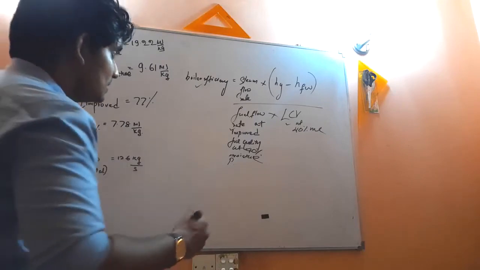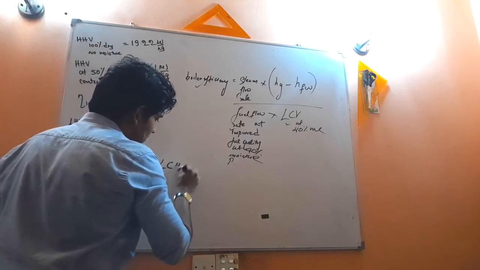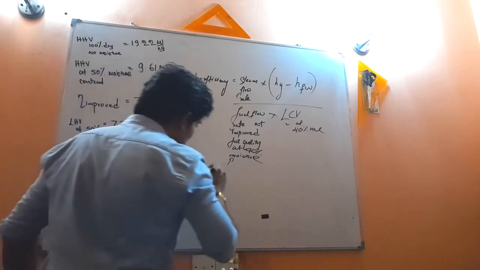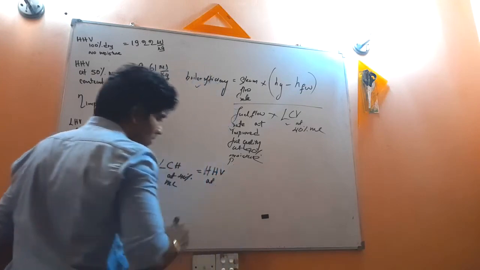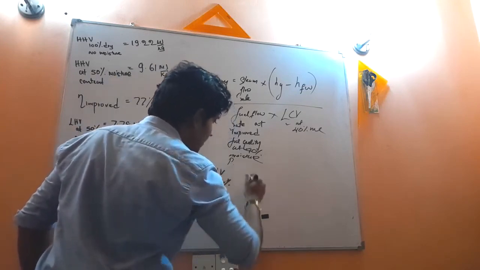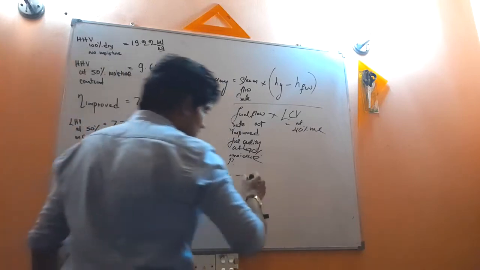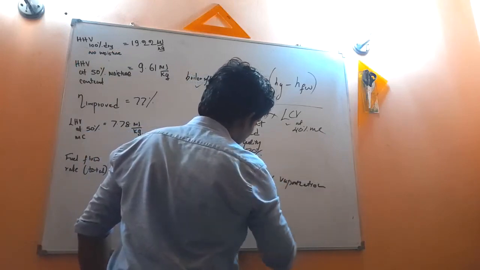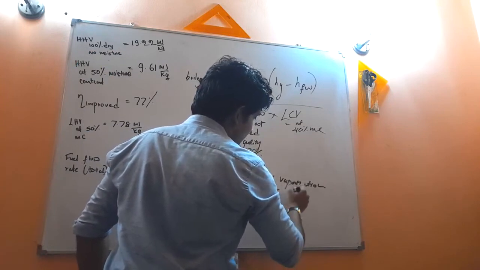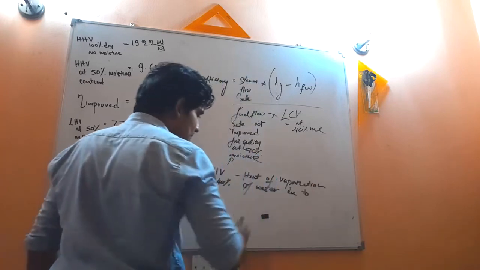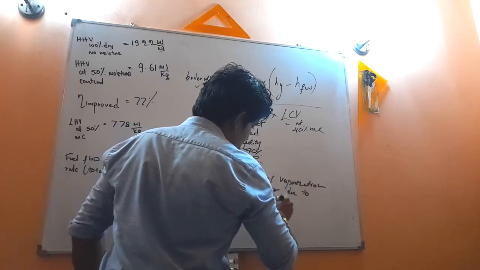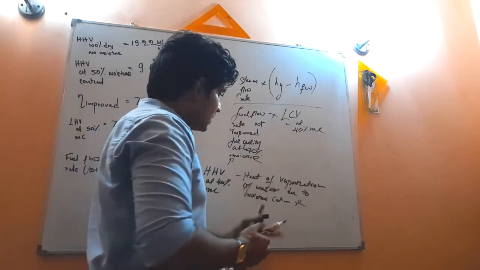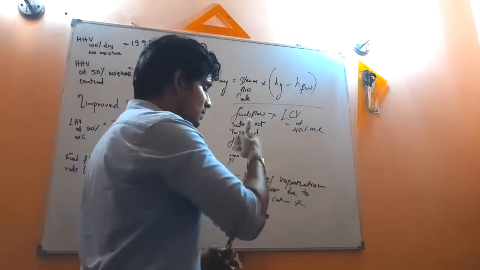So what is our formula, guys? Lower heating value at 40% moisture content equals higher heating value at 40% moisture content minus the heat of vaporization of water due to moisture content and formation of water because of the hydrogen percentage of the fuel, because the fuel contains hydrogen, right?